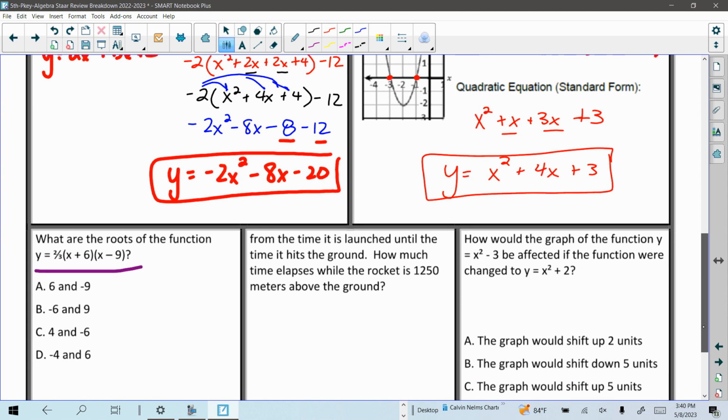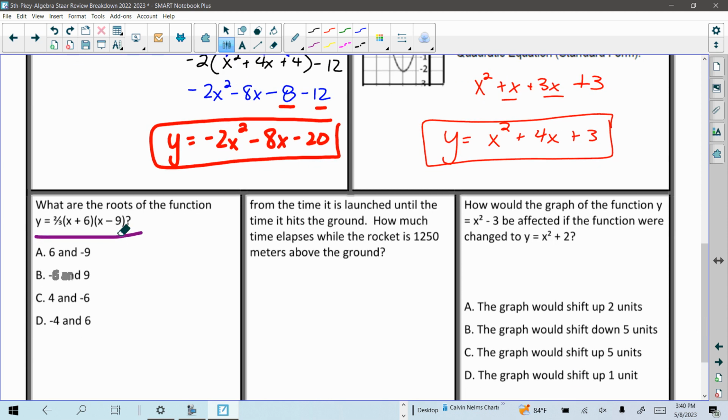So now, this is in factor form, and they want you to find the roots of the function. So the roots are your solutions. And basically, to get to your solutions, you make each parentheses, meaning my x plus 6, equal to 0, and you have your x minus 9 equals 0.